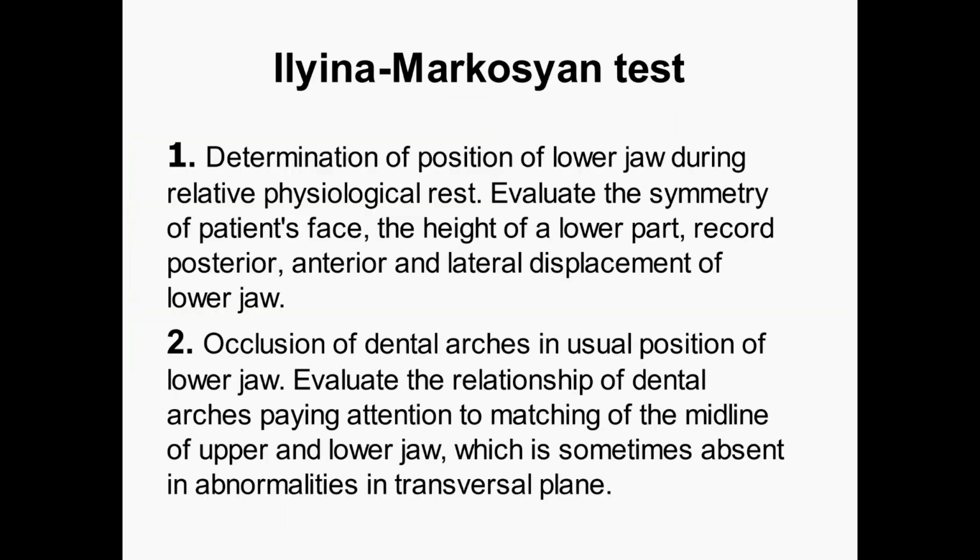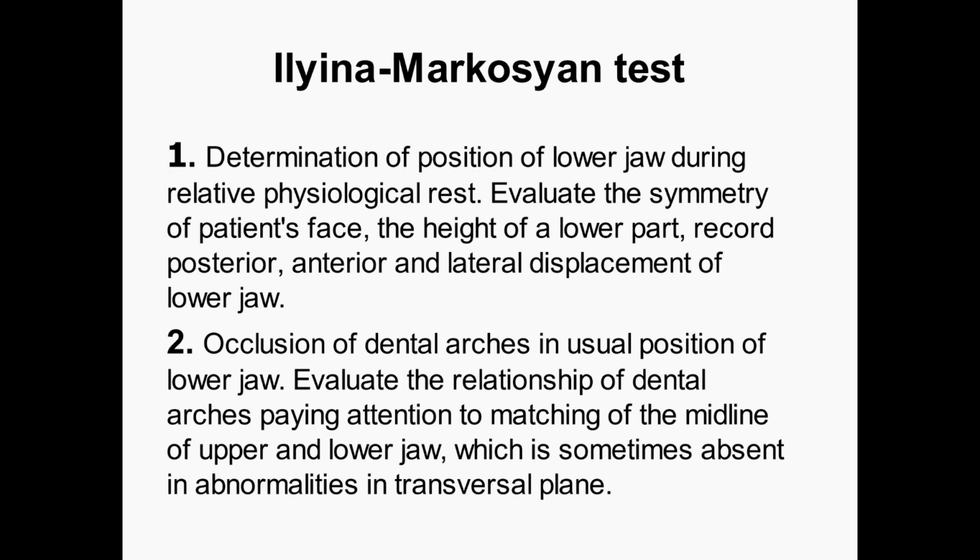If differential diagnosis is necessary, perform clinical functional tests. The Ilina-Markosyan test allows evaluation of the position of the lower jaw at rest and when moving, in order to establish the cause of functional jaw displacement while functioning.